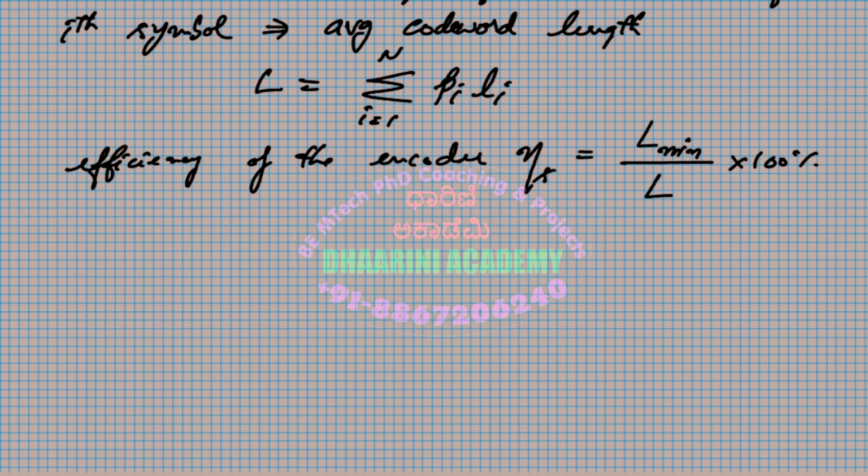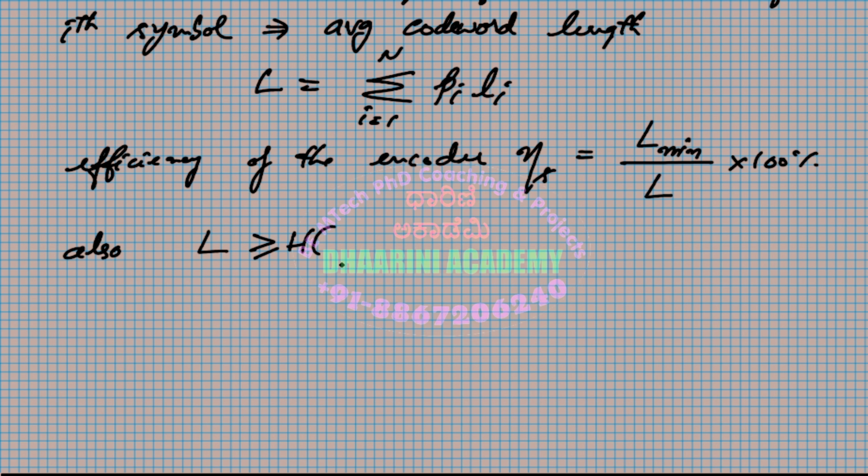No symbol emitted from the source can be represented with fewer bits than its entropy. We already know that, so I'll not give any explanation. The average length L will be more than or equal to H of S. So the minimum value of L should be H of S.